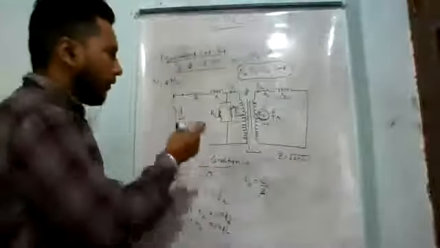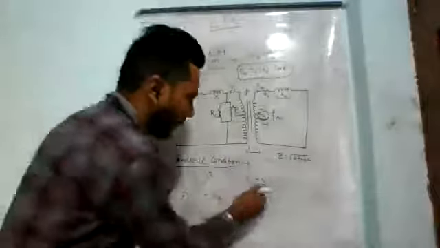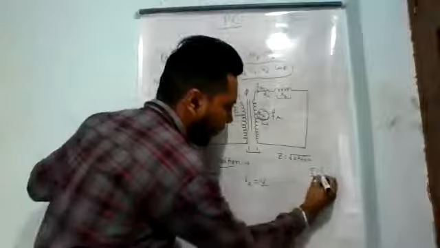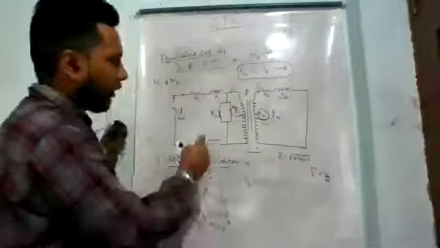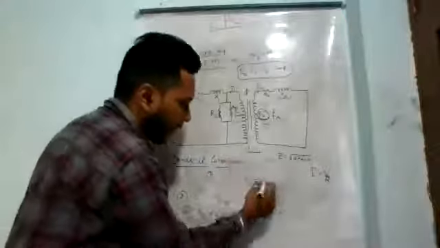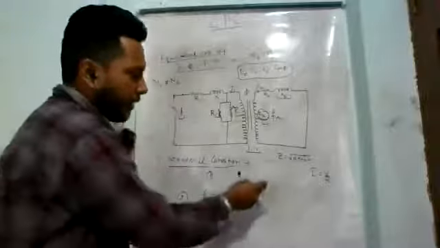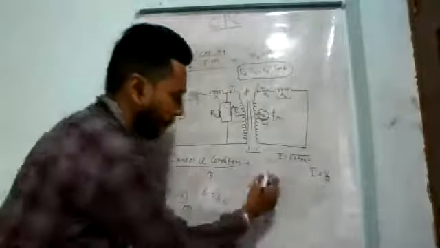If this is a DC motor, then the formula of current is I is equal to V upon R. But in case of an AC motor, the formula of current is I is equal to V upon Z, that is the combination of resistance, inductance, and capacitance.